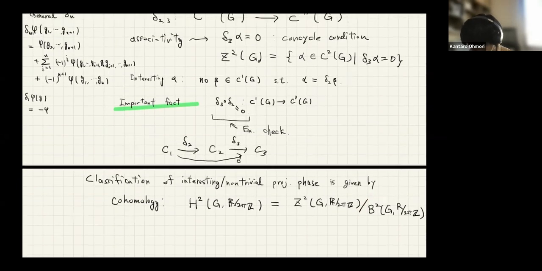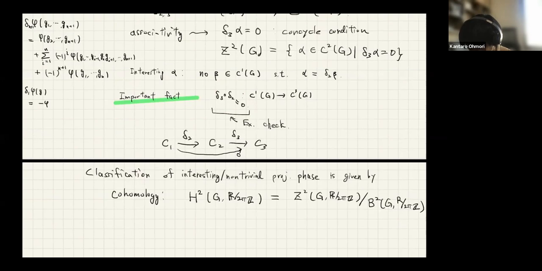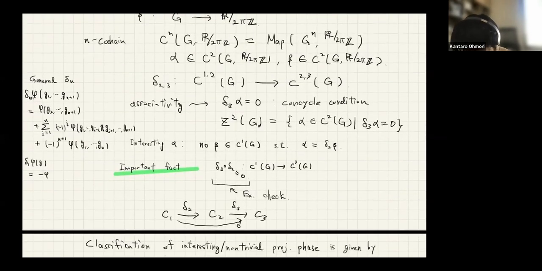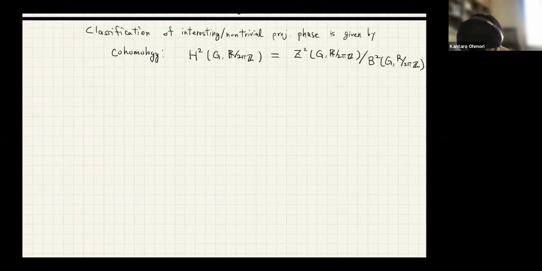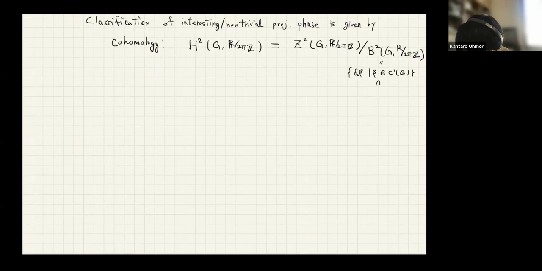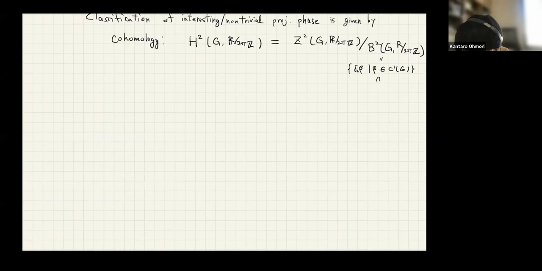So this condition ensures that... I didn't define the B. Here B is the delta 2 of betas, where beta is in C1 of G. There's the definition of B, and this is inside Z2 of G because delta 2 delta 3 equals 0.